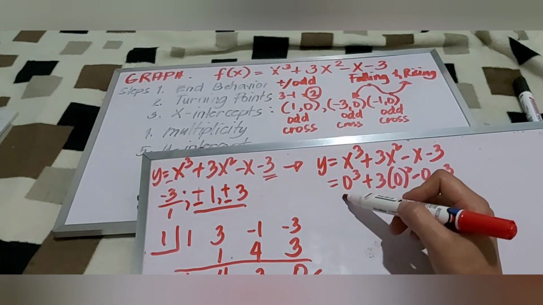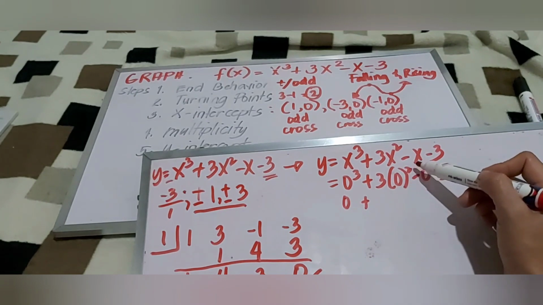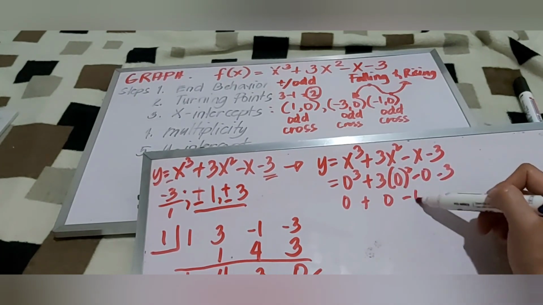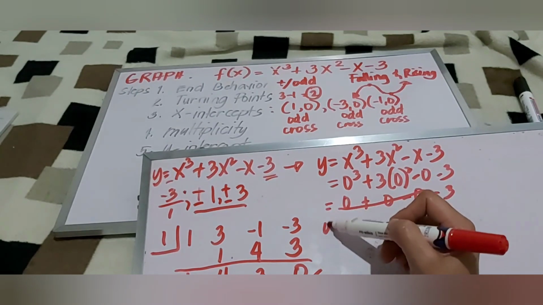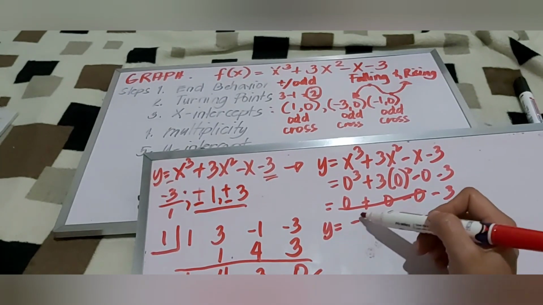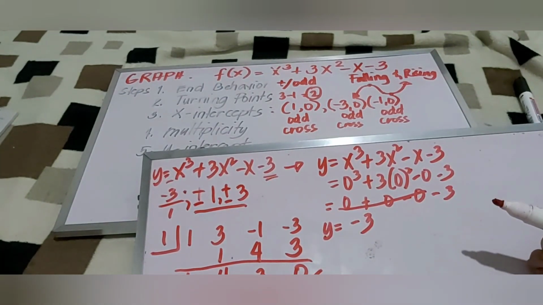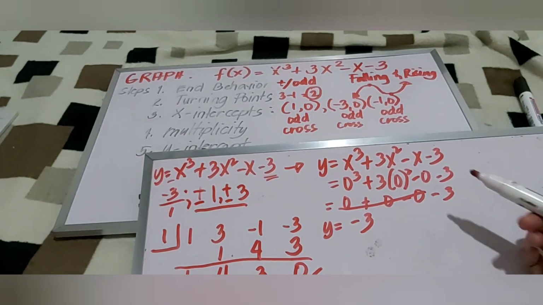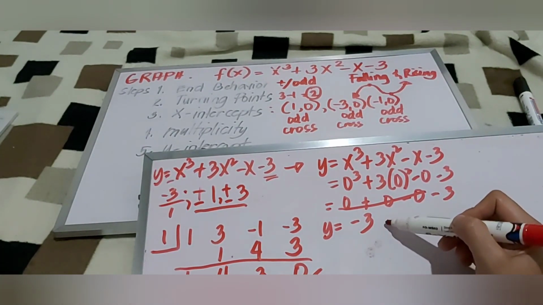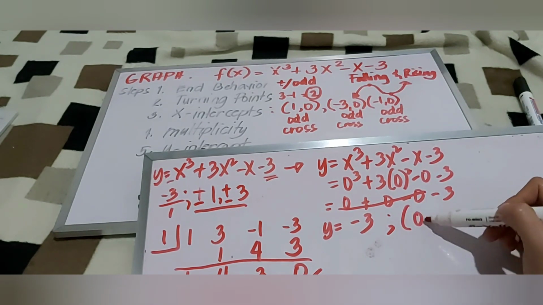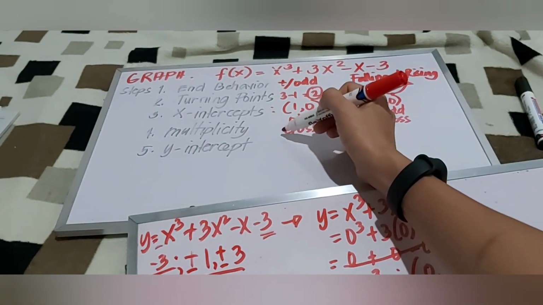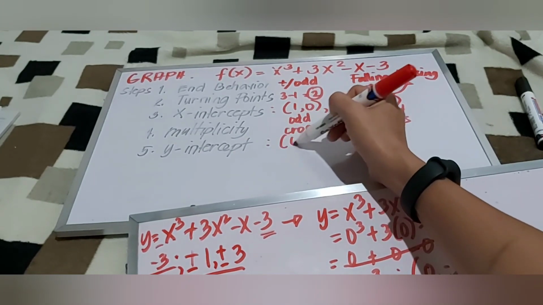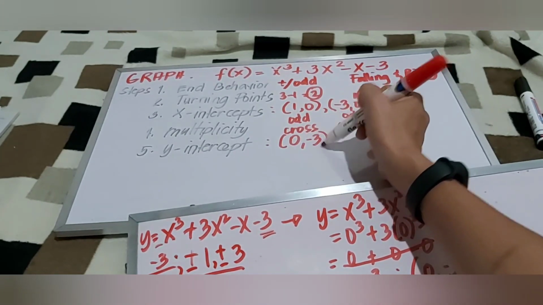So, 0 plus 3, 0 squared times 3 is 0, minus 0, minus 3. Lahat ng to ay 0 na. So, this will lead us to y is equal to negative 3. Therefore, ang y-intercept natin ay 0 and negative 3. Pwede ko na yung isulat dito. Ang y-intercept natin ay 0 and negative 3.